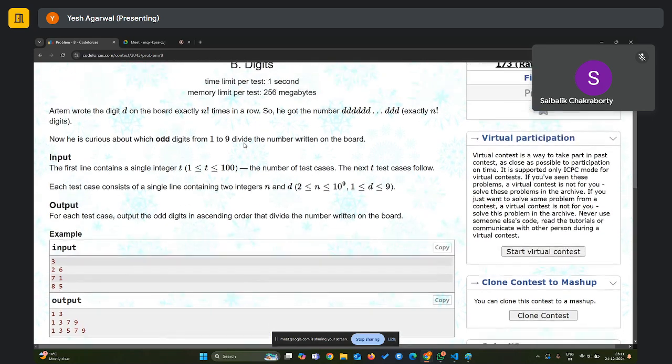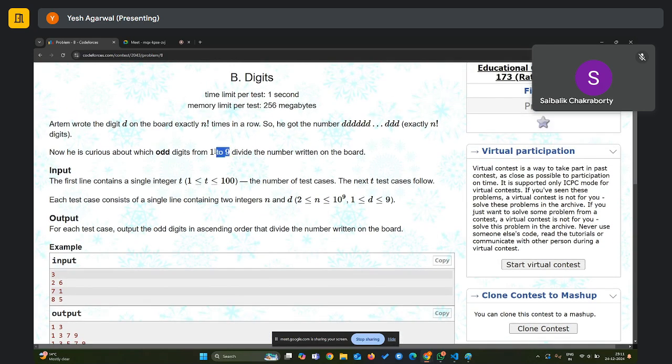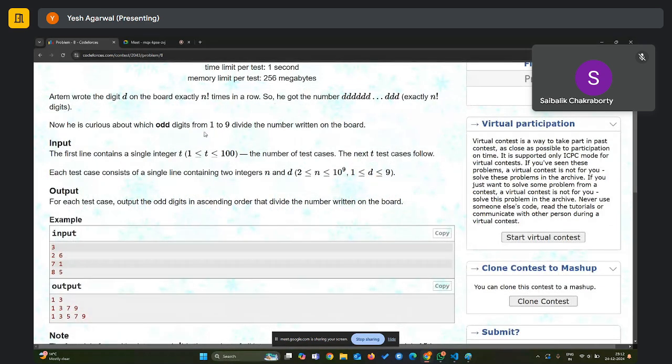At first, it might seem a bit difficult to solve, but you can solve it using the divisibility property of each of the numbers. Of course, 1 will divide every number. Then coming to 3, we will check if the summation of all the digits is divisible by 3, which of course is not possible to check directly because of this large value.